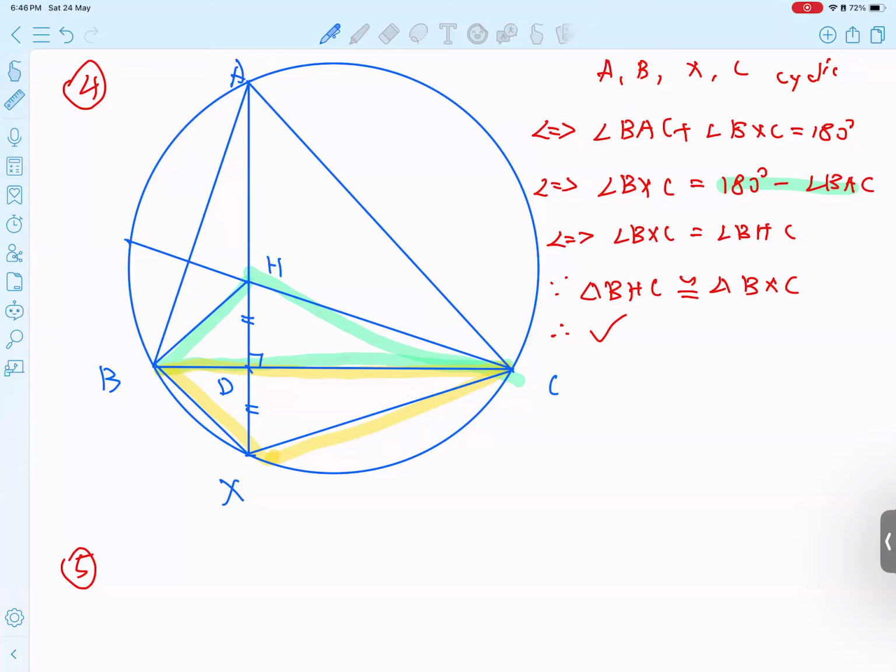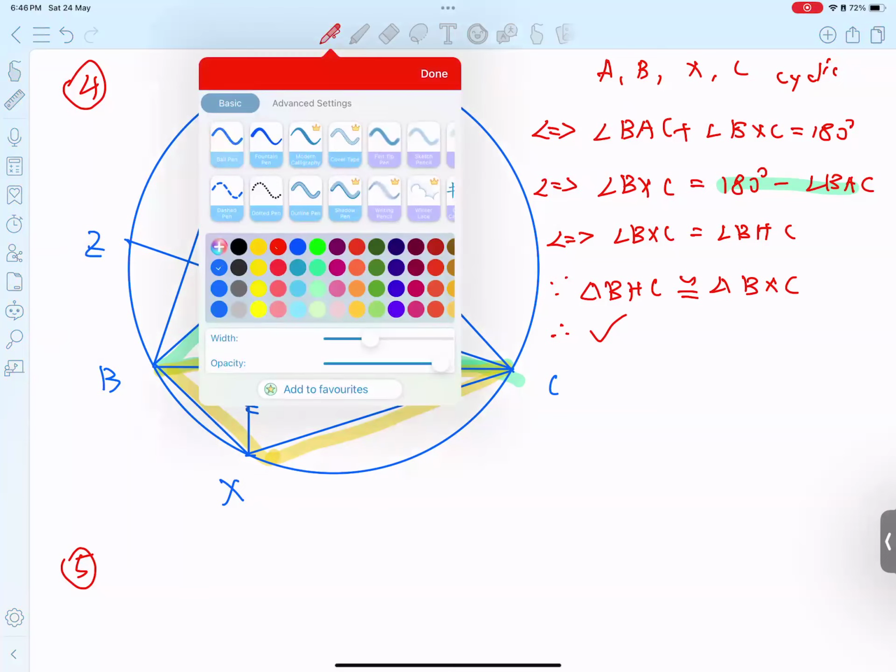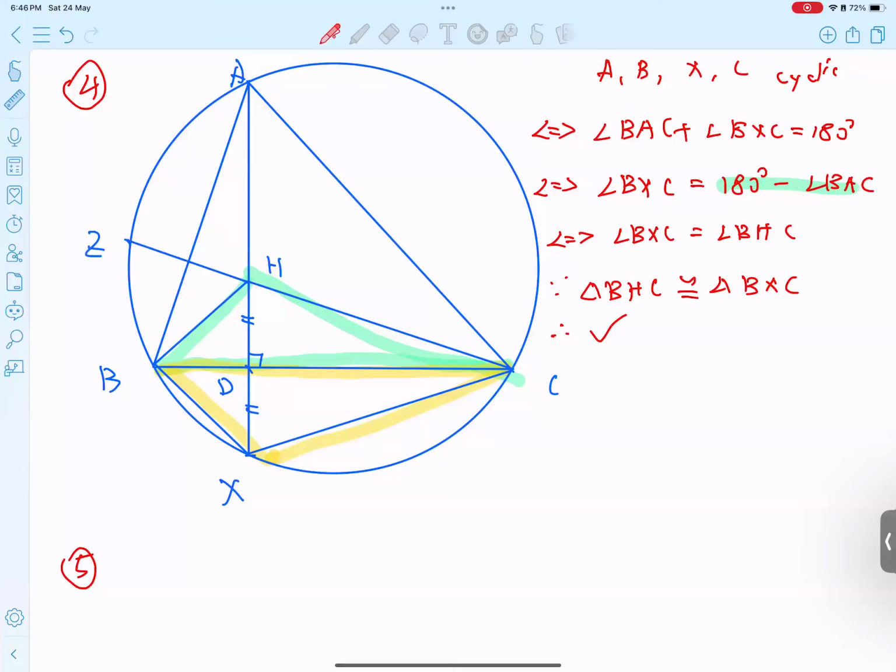Extend that, that would be Z. And we have to prove that these two arcs are equal. So just let me quickly look for the, yep.